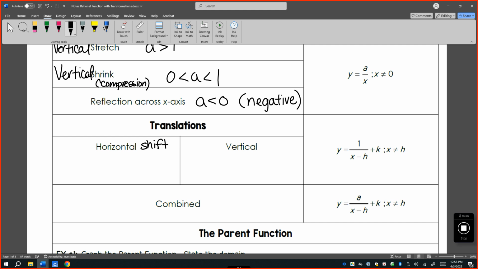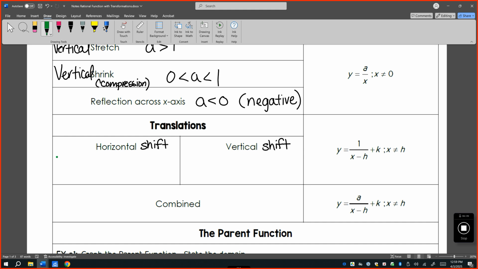Horizontal shift, vertical shift, okay? So we all know that horizontal shift is h, right? Well, what kind of asymptote is able to move left and right? It's got to be a vertical asymptote, right?